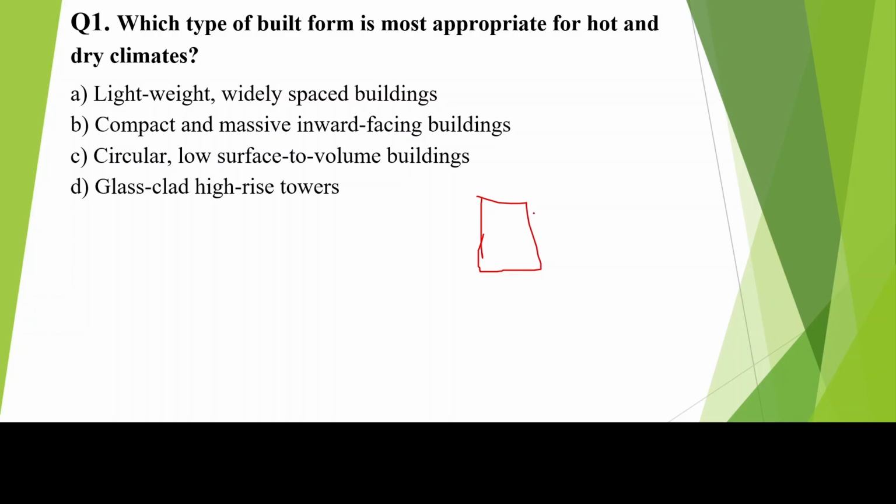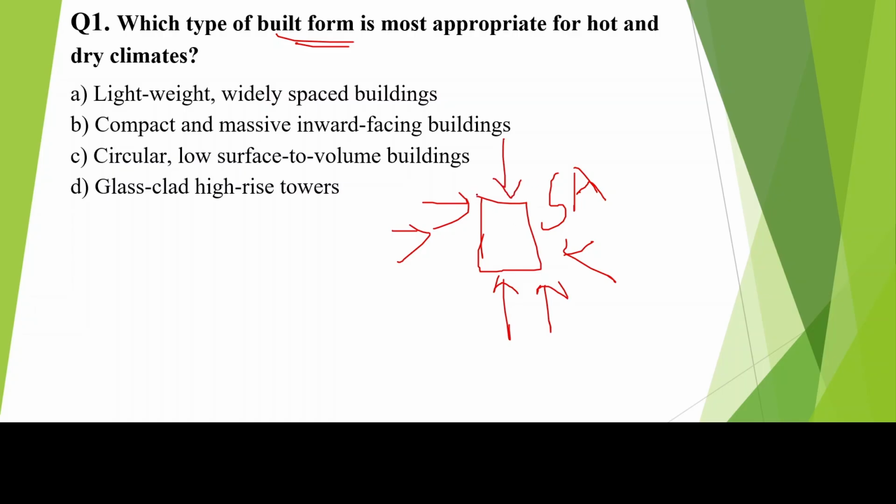building form, because the compact building form reduces the overall surface area of your building. So it allows less of the warmer heat that is outside to enter inside your buildings. That is why a compact building form is preferred in hot and dry climate conditions.